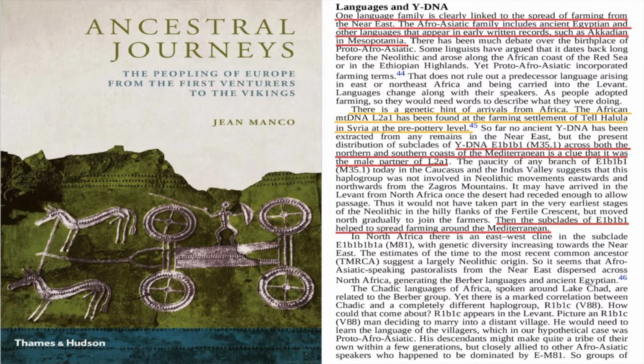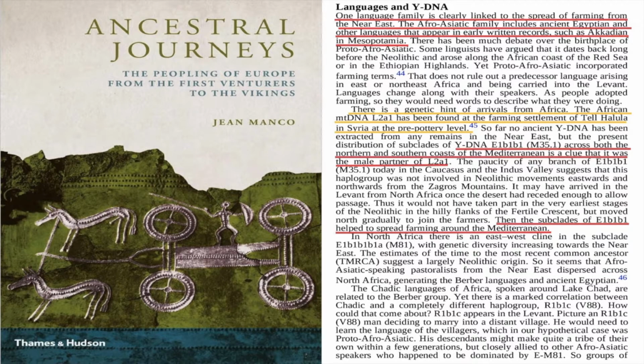There is a genetic hint of arrivals from Africa. The African mtDNA L2A1 has been found at the farming settlement of Tell Halula in Syria at the pre-pottery level.